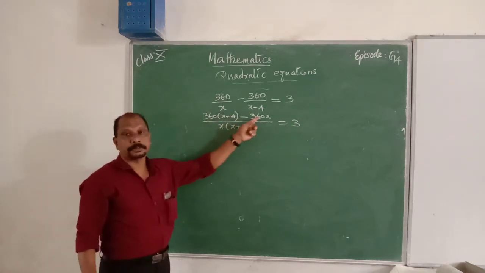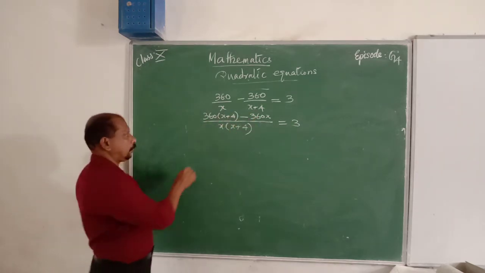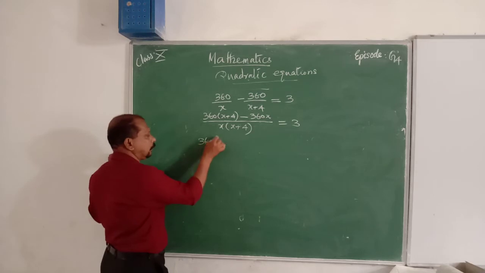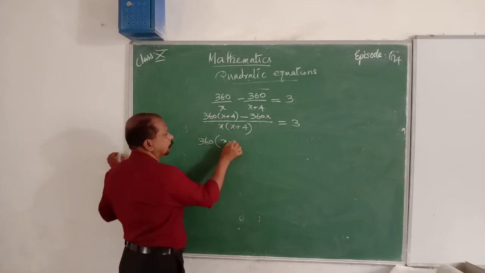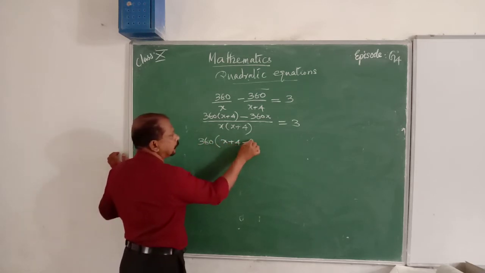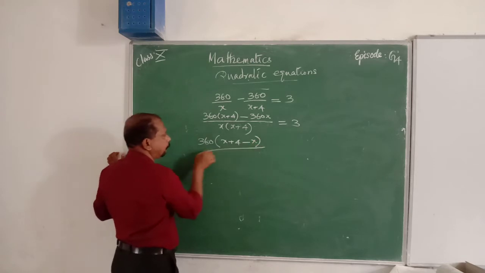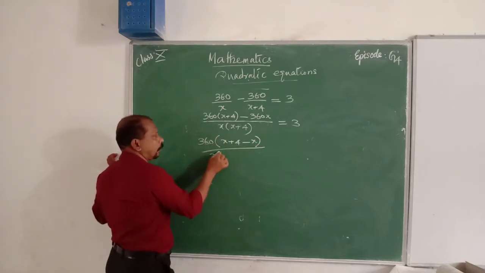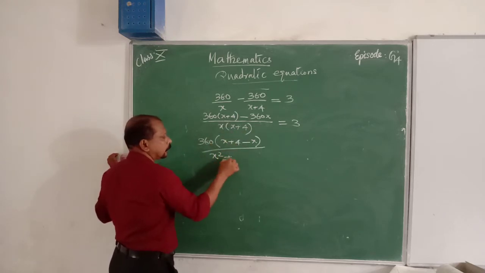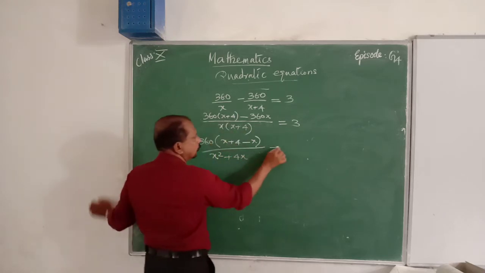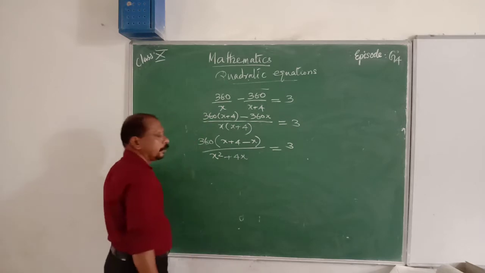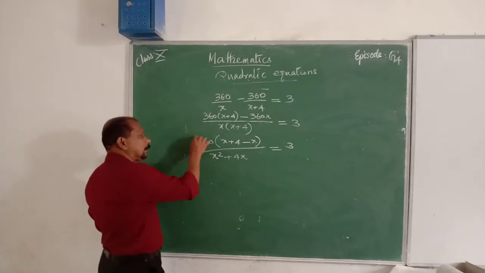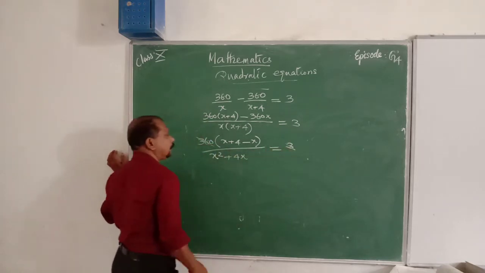From these two terms we take 360 as common. That is 360 into x plus 4 minus x, by, open this one, x square plus 4x is equal to 3. We cancel 360 and 3.